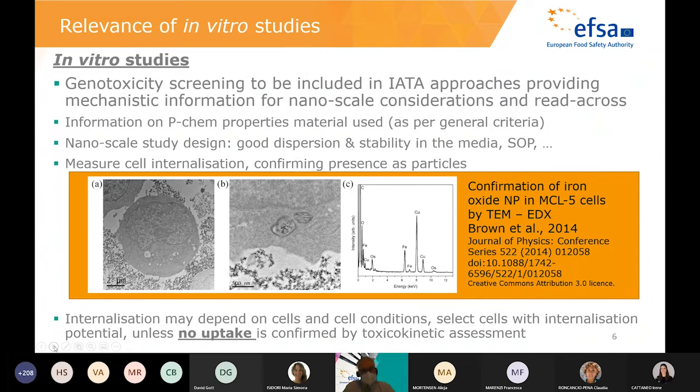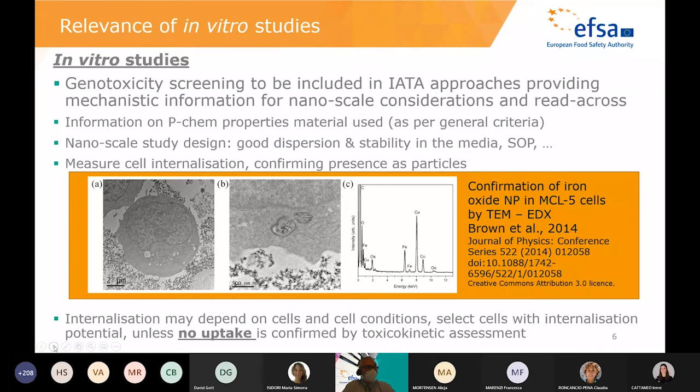mode of action of genotoxicity for mutation, the AIM test, as Irene was mentioning, is not suitable. So we need to have a mammalian gene mutation test and it should be included as part of the integrated approach for testing and assessment.